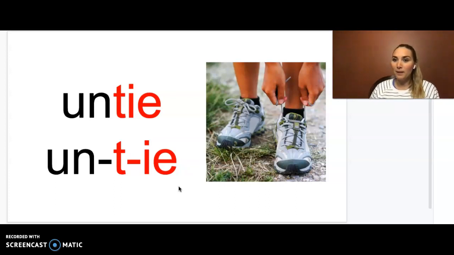So maybe we are having a no shoes day, and I said, you may untie your shoes and take your shoes off in the classroom. So, untie means to not tie. It's the opposite. So it changes the meaning of the base word, tie.